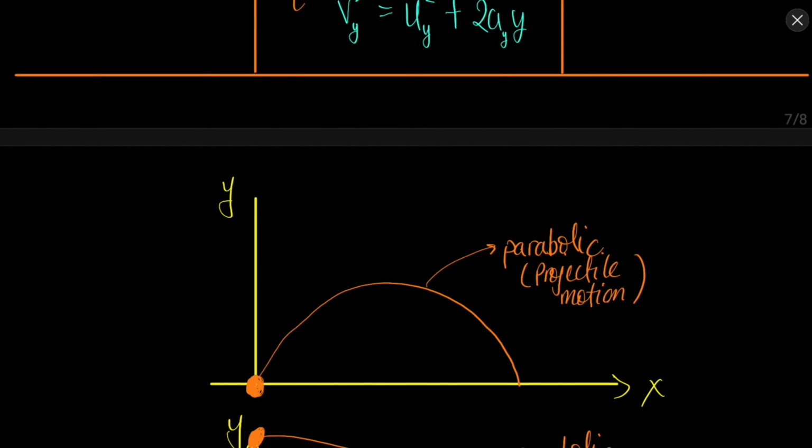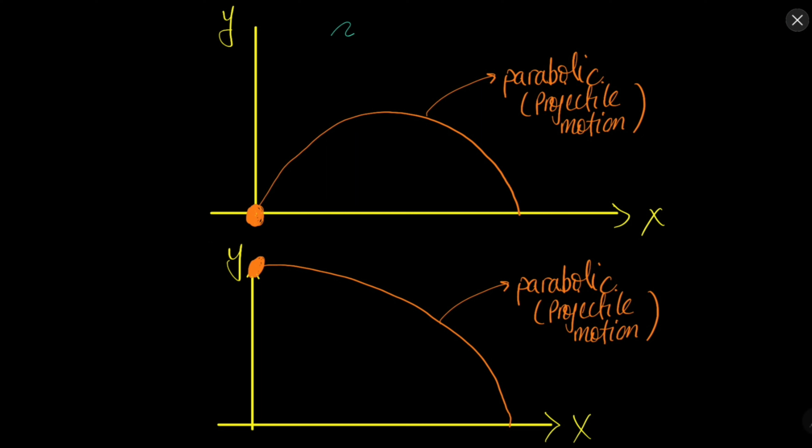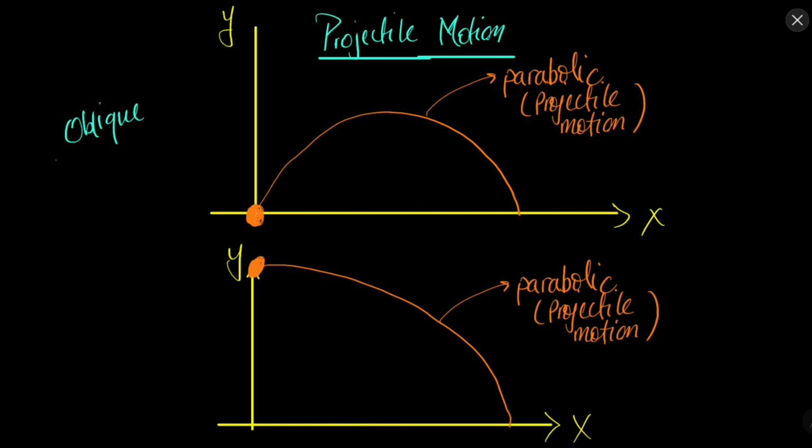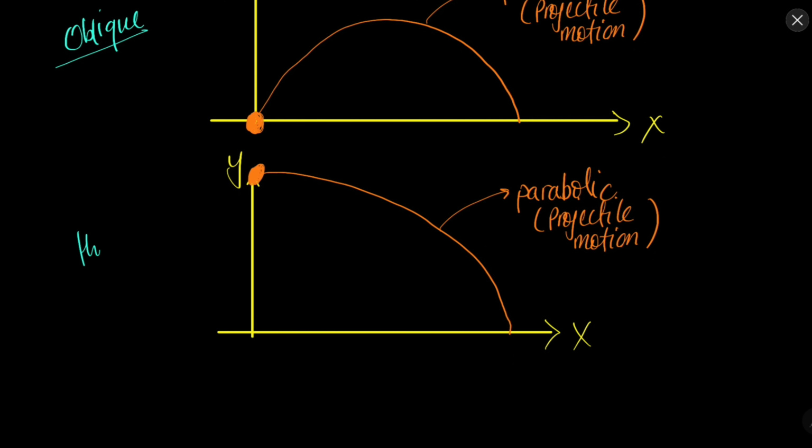It is one of the most important topics that you will study, projectile motion. So this first one is called the oblique projectile motion, and the second one is called the horizontal projectile motion, because in this case we are throwing the ball like this, and in this case like this.